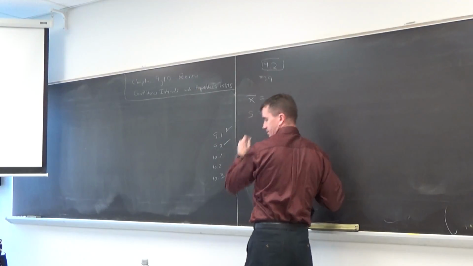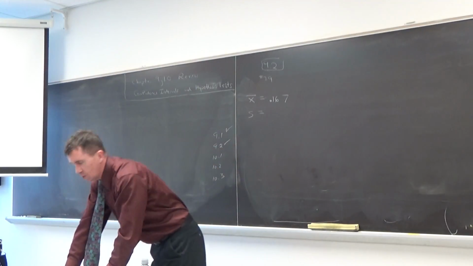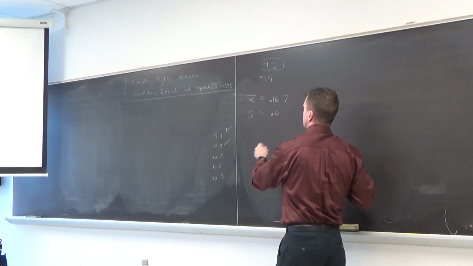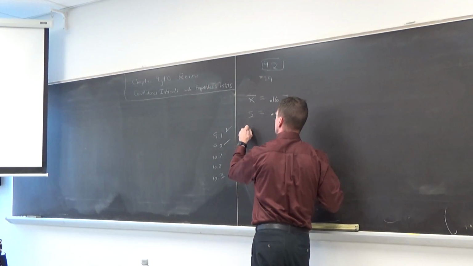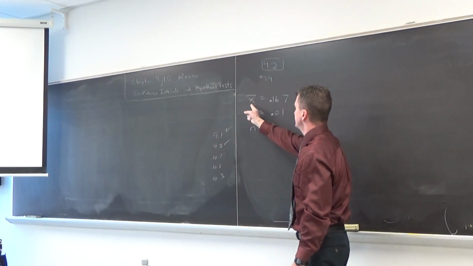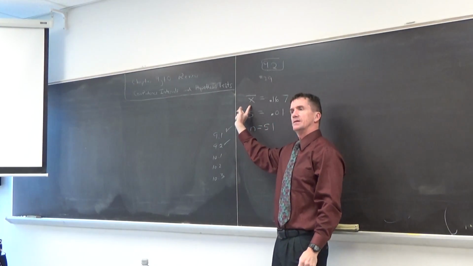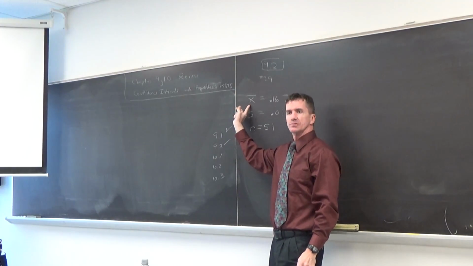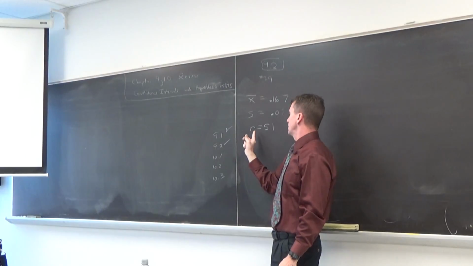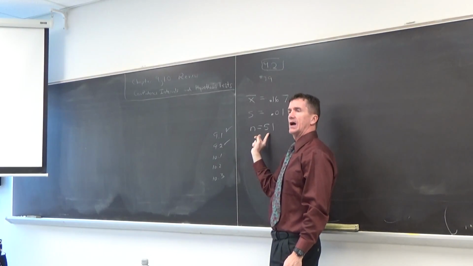The standard deviation was 0.01. And how many crashes was it? 51. Do you see mean? Right, this was a sample mean. Standard deviation 0.01, 51 fatal accidents.